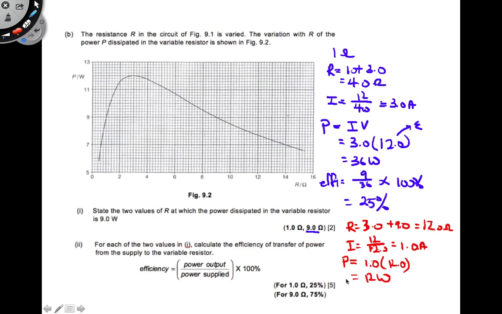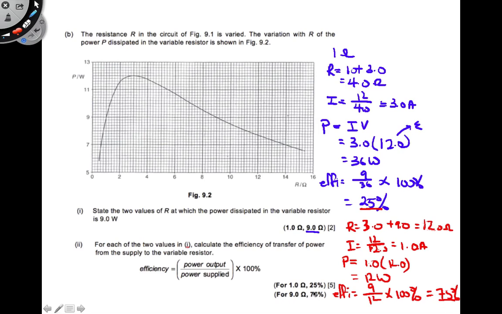Now the effective power output is 9 watts, as seen from here. Your new efficiency is 9 divided by 12 times 100%, and I get 75%. Obviously, compared to the 25%, you have less power wastage in the 75%, which is much more efficient.